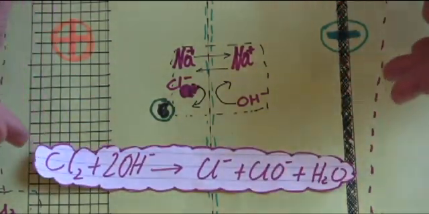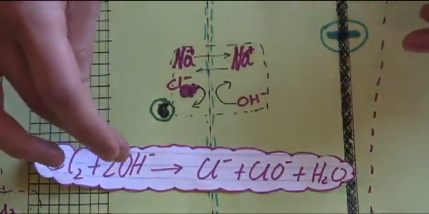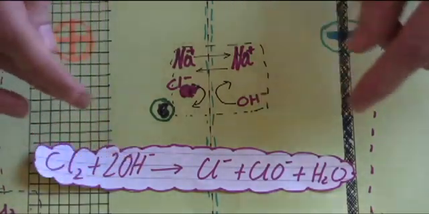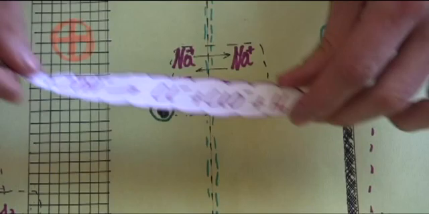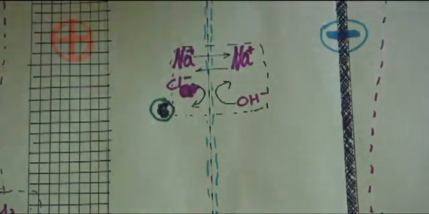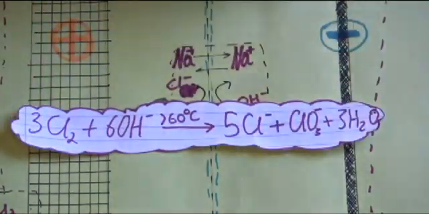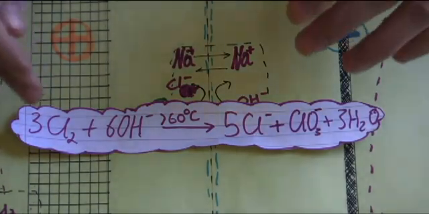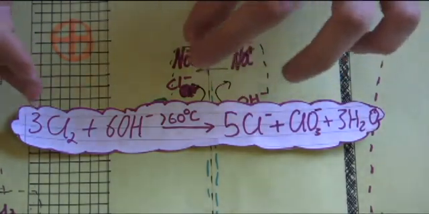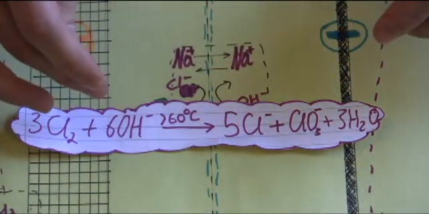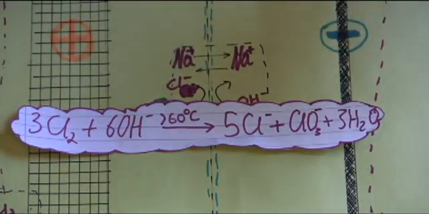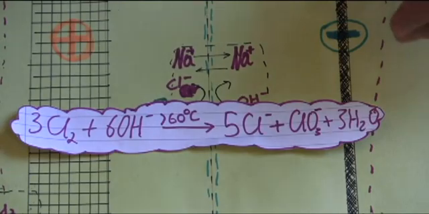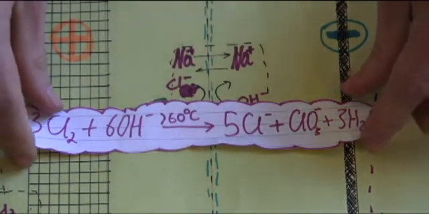So chlorine gas reacts with the hydroxide ions to form chloride ions, chlorate ions, and water. Whereas if the temperature was above 60 degrees centigrade, we would get the chlorine reacting with hydroxide ions to form chloride ions, hypochlorite ions, and water. And that's the membrane cell method.